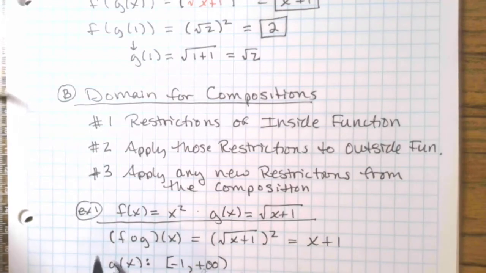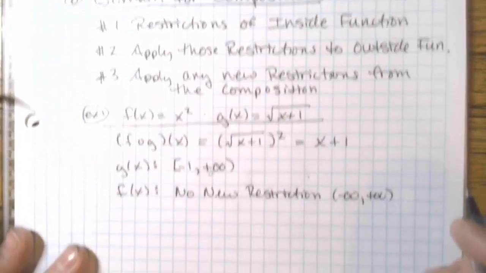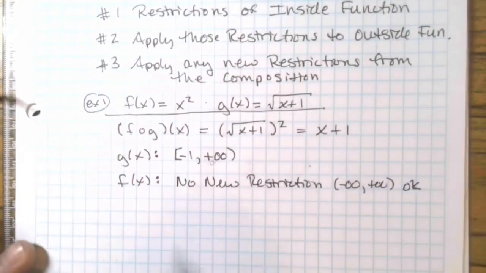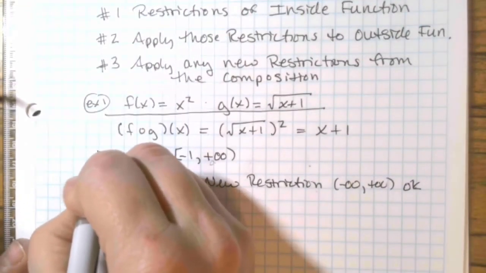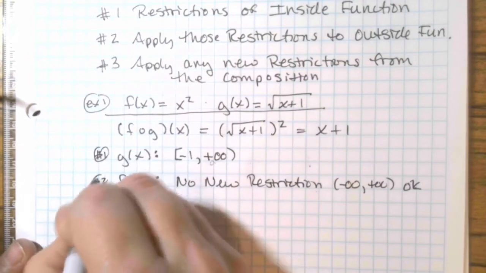Okay, now f of x. For f of x by itself, there are no restrictions on this. So no new restrictions. f of x is just x squared. It's a parabola, so -infinity to +infinity are all okay. Okay, so that's number 1, we did g. Number 2, we did f.